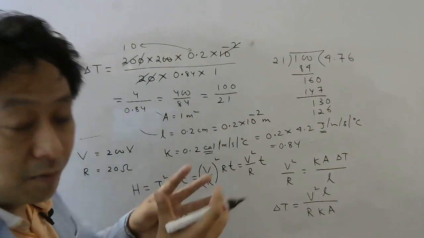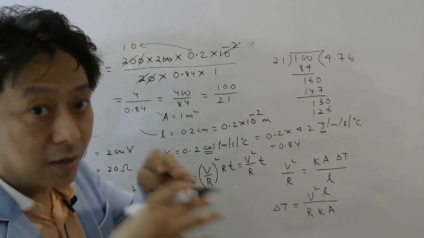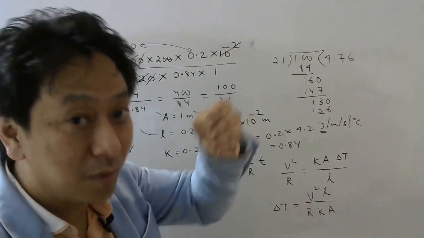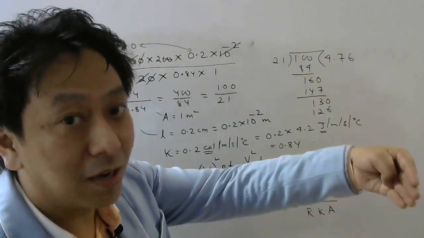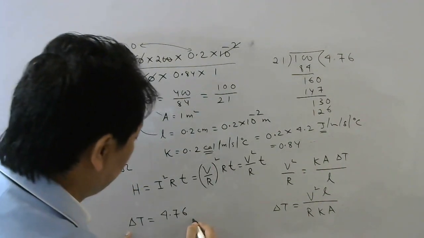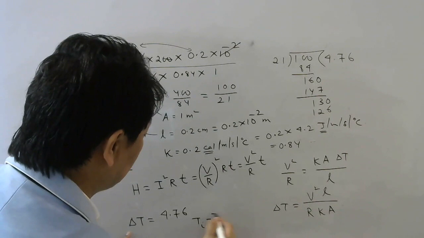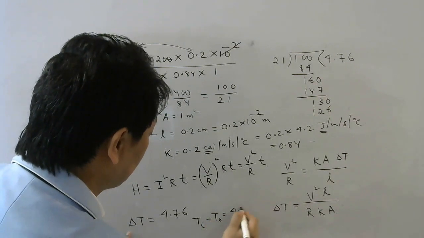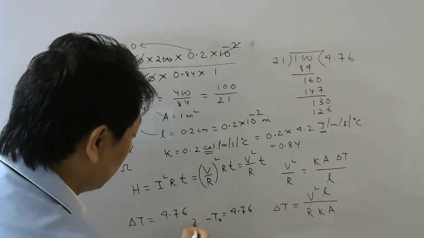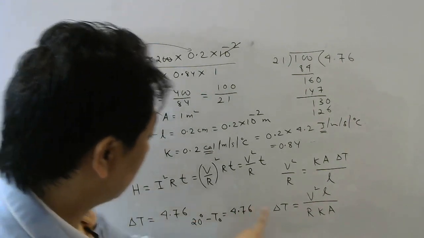Now what is temperature difference? Temperature of the hotter one minus temperature of the cooler one. Now heat is going from inside the room to outside the room. So obviously the room inside is hotter, the outside is lower temperature. So the temperature difference will be T inside minus T outside, which is 4.76. Now inside temperature was given 20 degrees. So minus T naught will go this side.